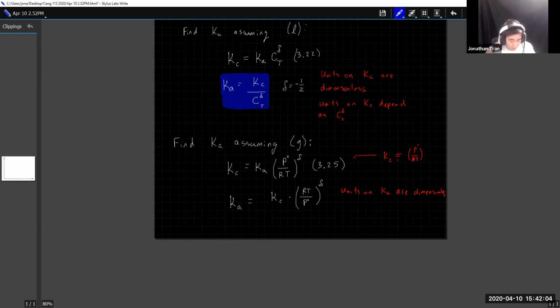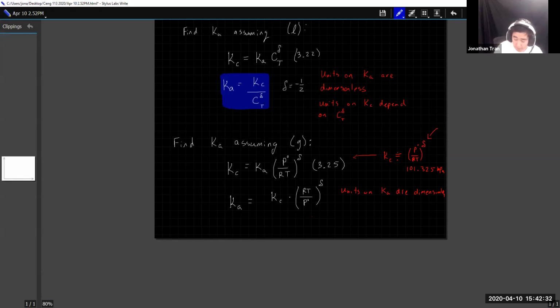Keep in mind that P naught in this case is the standard pressure. So in our book, it's going to be 101.325, I believe, kilopascals. But there's also still a delta value here. So again, if delta is negative, you're going to have to switch the units to be the reverse of P naught over RT, whatever that might be.